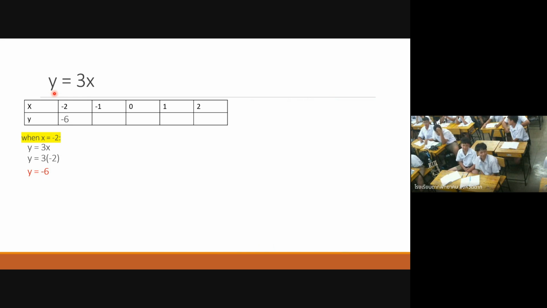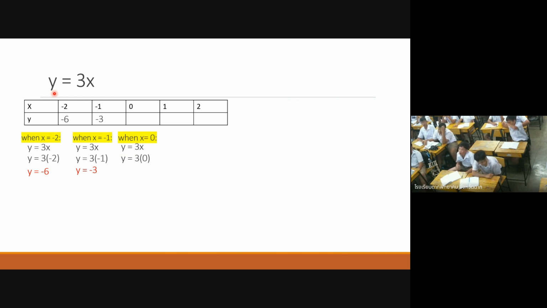What's the value of y when x is negative 1? Negative 3. The value of y when x is 0? The value of y when x is 1? And the value of y when x is 2?